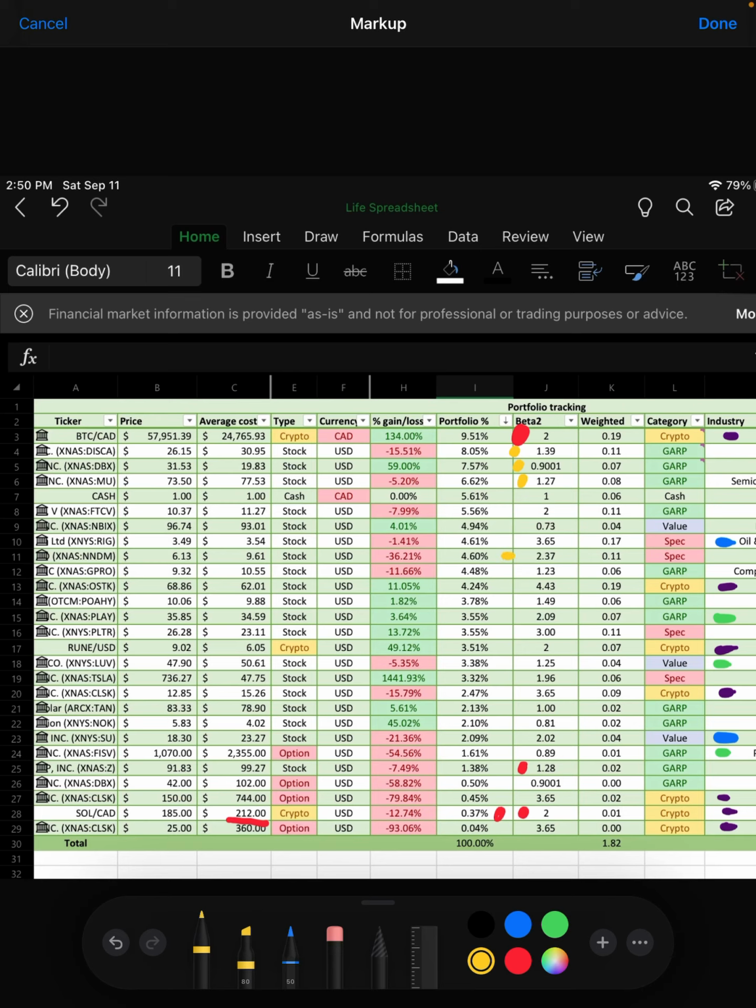I would not have CleanSpark. I would not even have Rig, although it's kind of high, but whatever. I would not have Solana as one of my biggest positions because those are essentially just bets, kind of, right? They're calculated, but I'm less confident, and for a good reason.